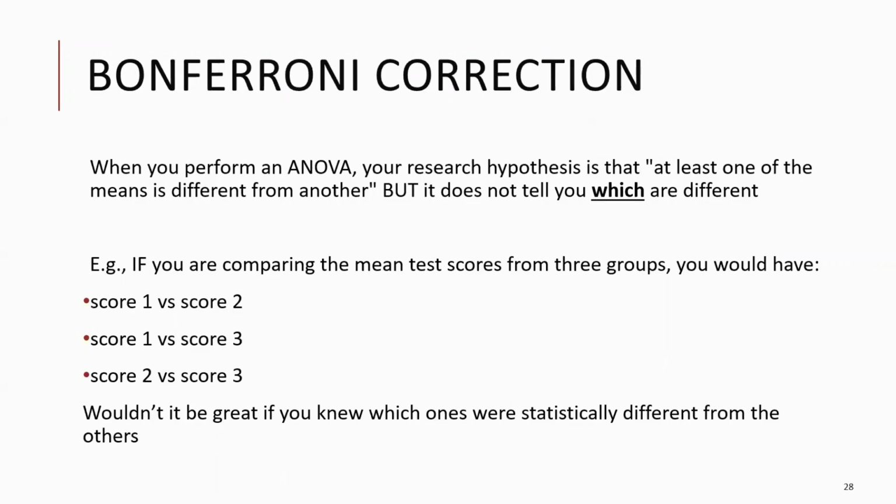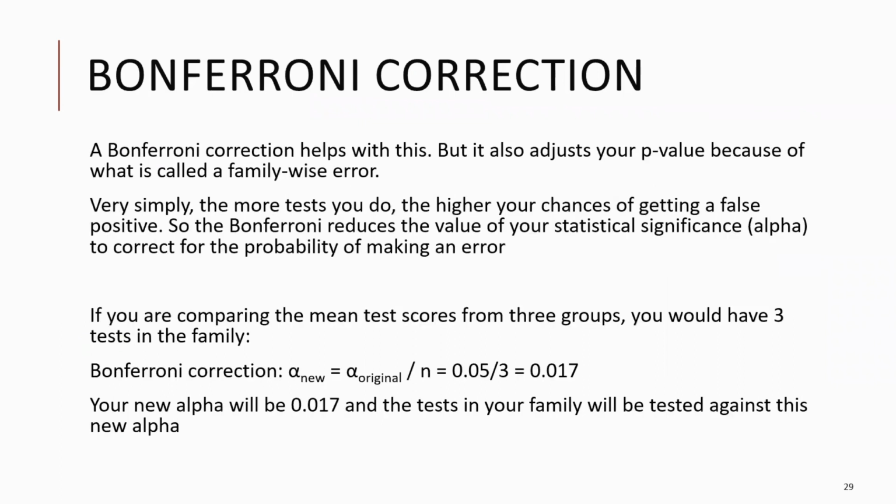And that's where we come in with the Bonferroni correction, which you could do to compare each of the groups against one another to see how they are relatively different from one another. With that, you can make the conclusion to say group 1 is higher than group 2, or group 3 is less than group 1.